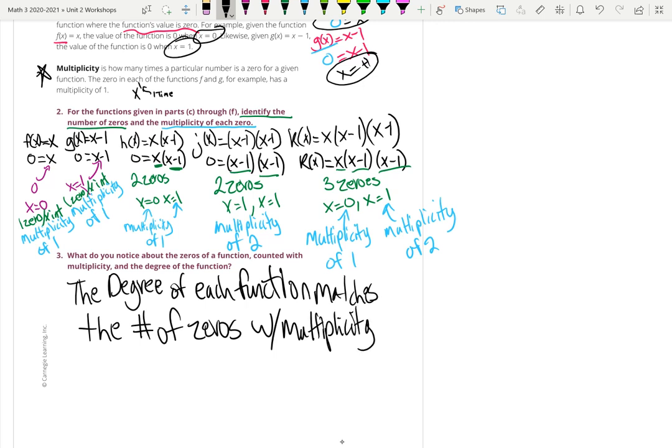So the idea here, team, is the degree of each function matches the zeros with multiplicity.